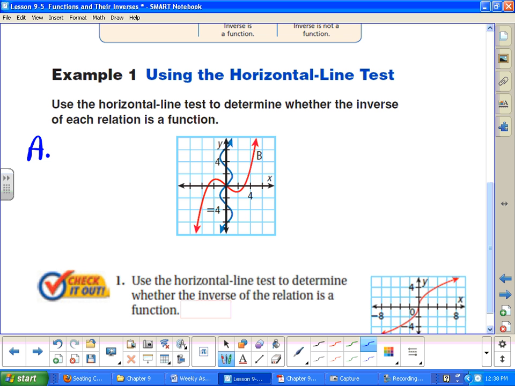I know that it's not a function itself, but is the inverse a function? So if I take a horizontal line, and anywhere I move this on the blue line, does it ever intersect more than one point? And the answer is no. So the inverse is a function.